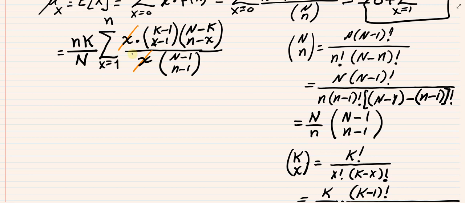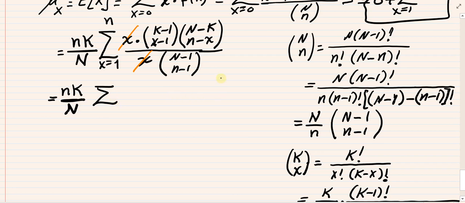So what is our next step? Next step, let's write this as little n times capital K over capital N. Okay. So we have that. And then I'm going to change my index of summation.